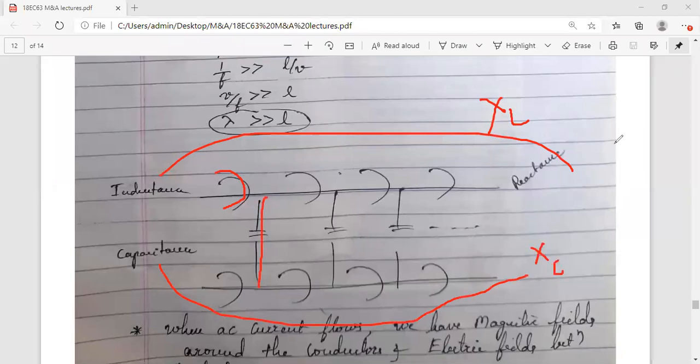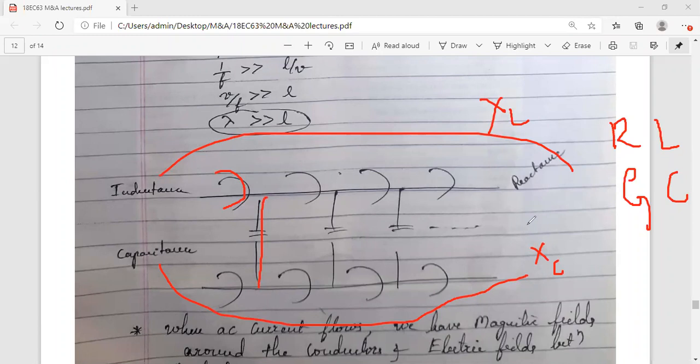So totally 4 parameters: resistance, inductance, then conductance. Orally I told you, leakage currents. So you should have thought of conductance, G, and the capacitance. These 4 parameters, resistance, inductance, conductance, and capacitance, all together over the transmission line, we are considering their effect.